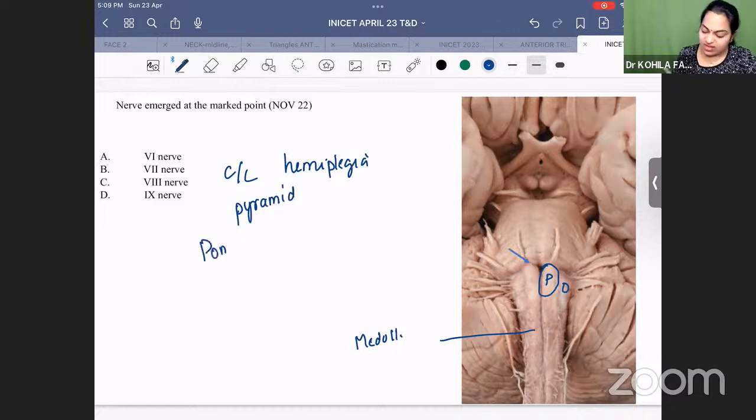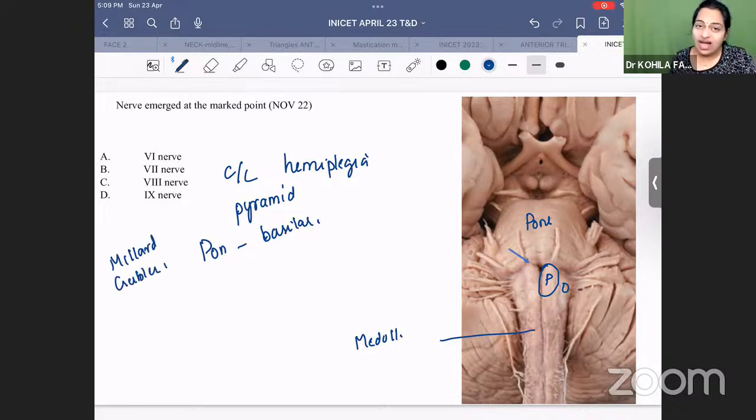And this is the pons, right? The basilar part of the pons will again have the corticospinal fibers. So any syndrome involving the pons, like Millard-Gubler syndrome, if you have read, you will remember. Lesion of that will also lead to contralateral hemiplegia, right?